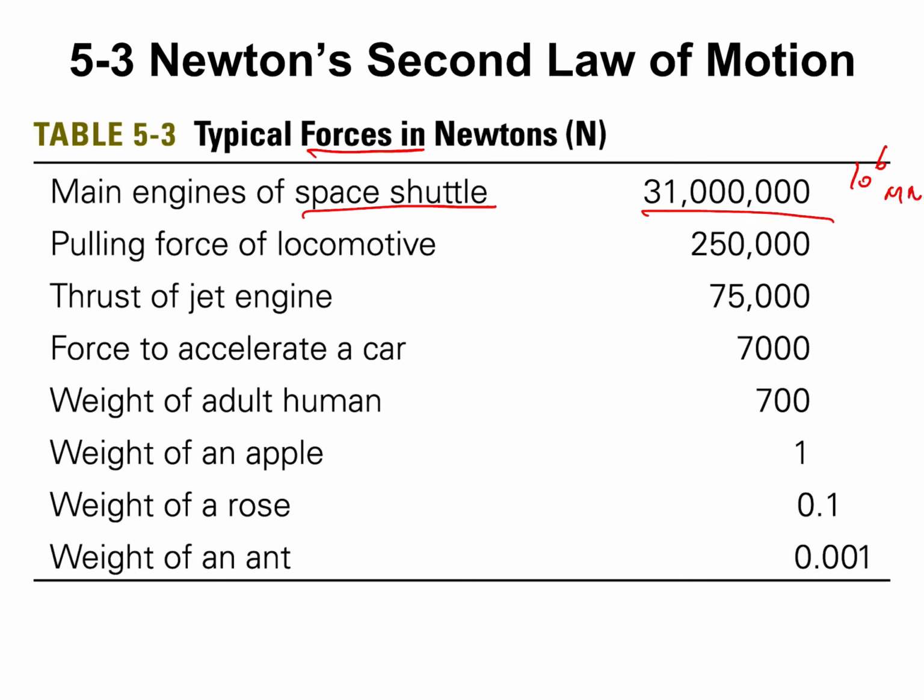A locomotive, like a train, is about 250,000 Newtons. The thrust of a jet engine is 75,000 Newtons. The weight of an adult human is about 700 Newtons, and the weight of an ant is small, 0.001 Newtons.